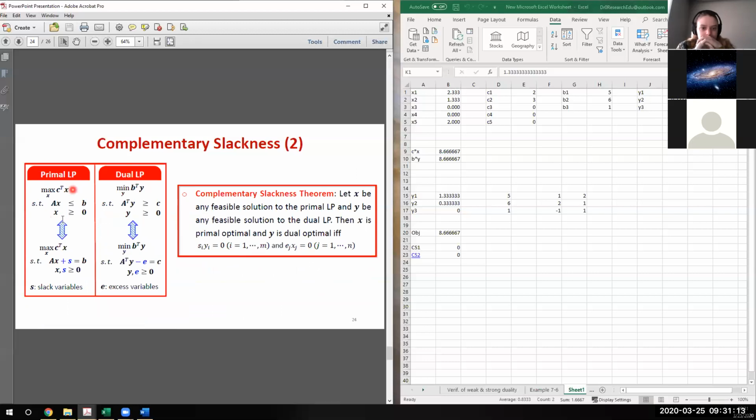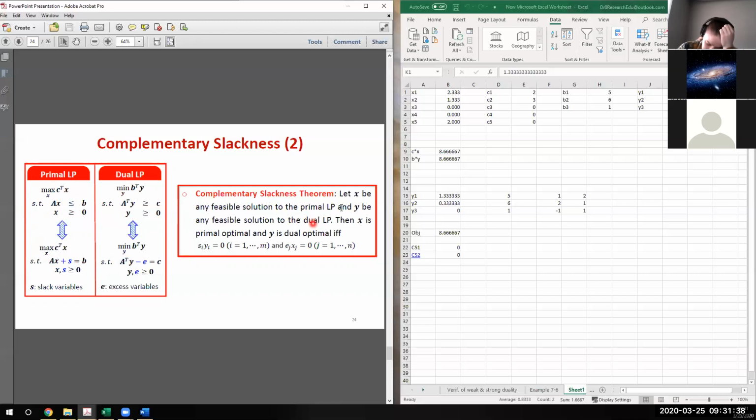First of all, let me introduce my system. So my system is this. I still assume my primal LP is in this way, and the corresponding dual LP is, of course, in this way. Then to make the constraint sign equal, I'm going to add the corresponding slack variables. And here I'm going to subtract the corresponding excess variables.